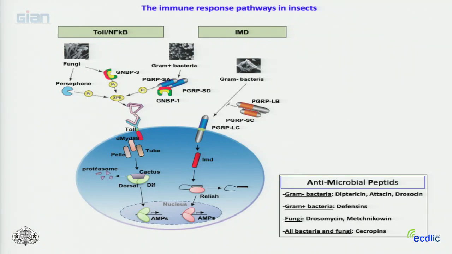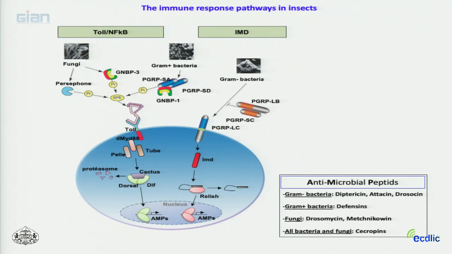But this pathway is similar to the toll-like receptor pathway in mammalian cells, leading to NF-kappa B translocation to the nucleus and activation of immune response genes. In insects, it's activation of antimicrobial peptides, these AMPs.